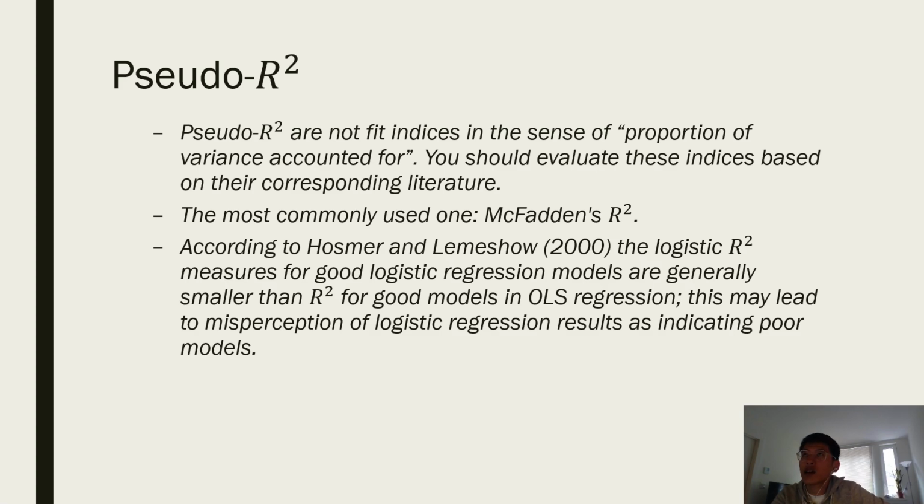In SPSS there are Cox and Snell and a lot of other R square indices, but in R we have another one which is called McFadden's R square. So here we're using this one, but the interpretation will be strictly based on this researcher's literature.